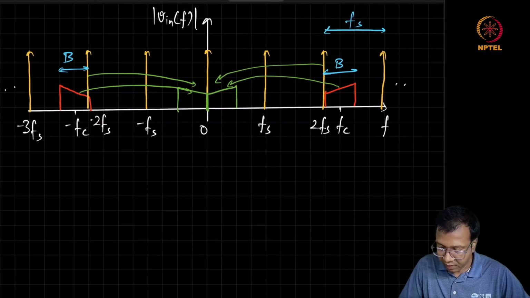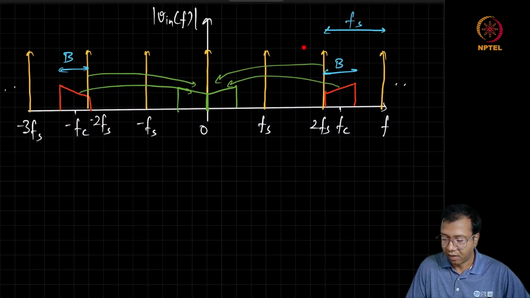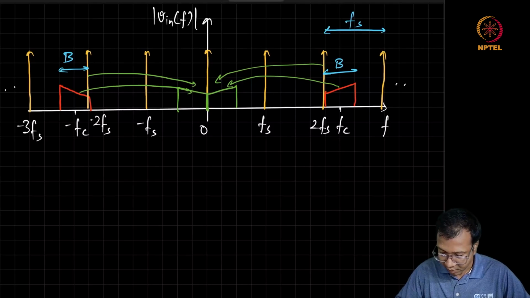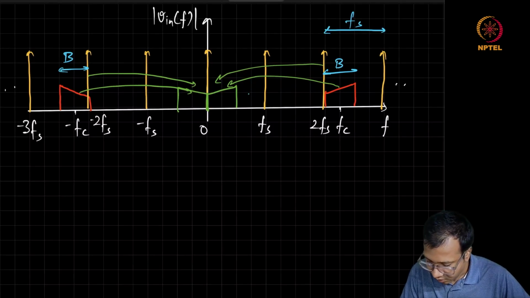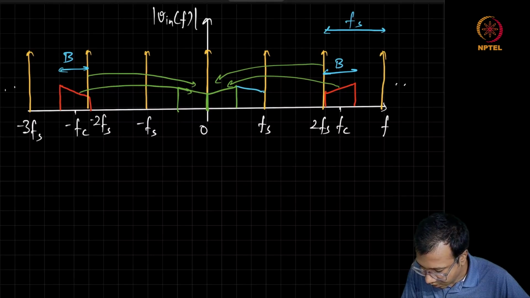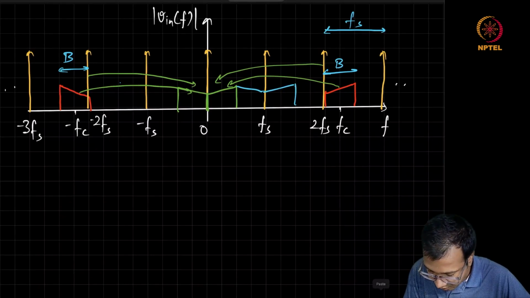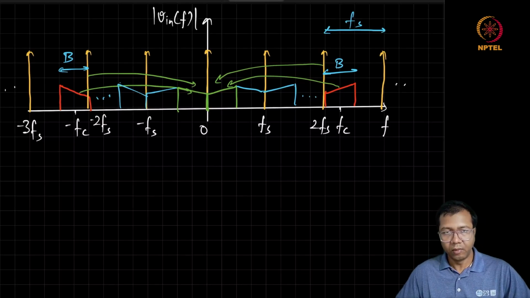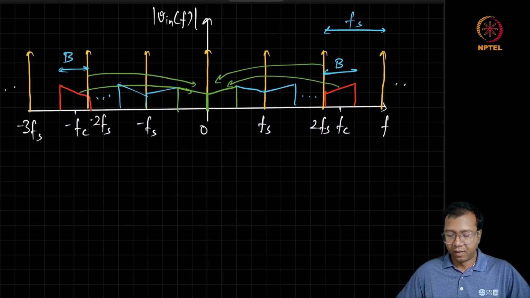If we proceed with the same convolution steps, and take this impulse train and move further to the right side or further to the left side, we are going to obtain many more replicas of the input signal being translated to a different frequency.